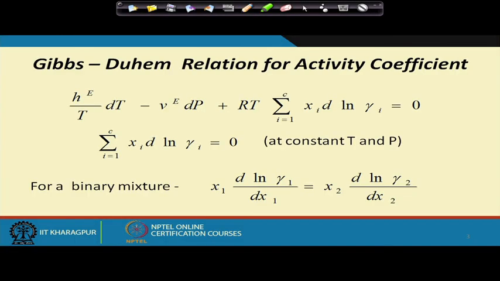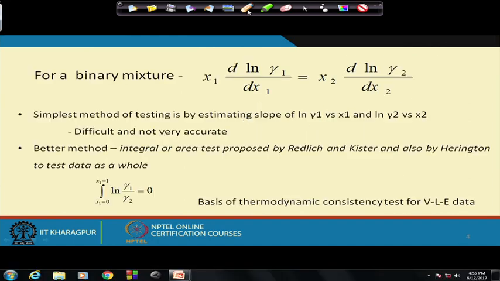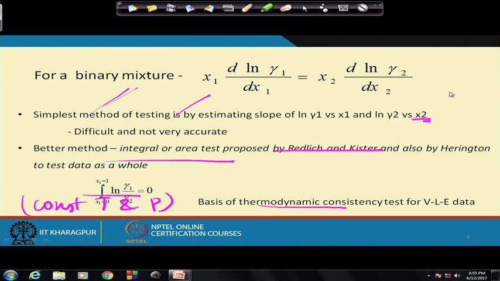Suppose we do not assume constant temperature and pressure, then we should be starting with the generalized Gibbs-Duhem equation. I will just write down the generalized equation.